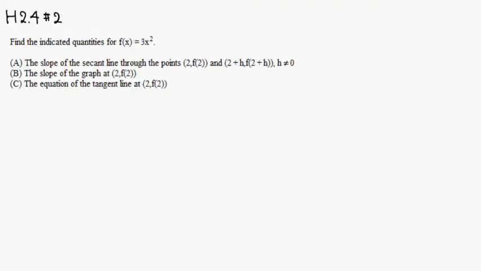In order to find the slope of the secant line, all you really have to do is use the slope formula. So you have 2 points given. Here is x1 and this is y1. This is going to be x2 and this is y2.